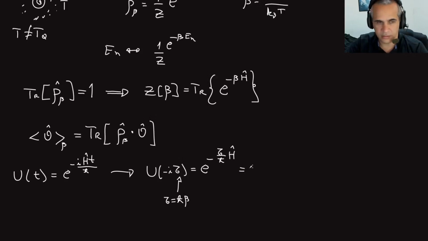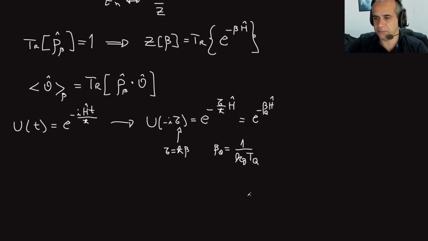And this is exponential of minus beta H. Let me put a q on this beta here to indicate this, that this beta q is 1 over Boltzmann constant T q.